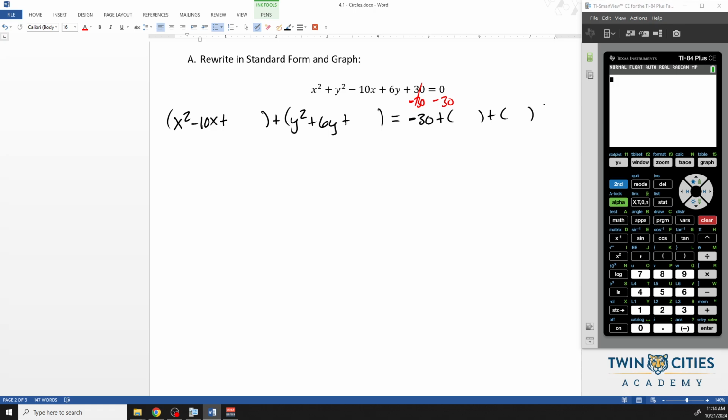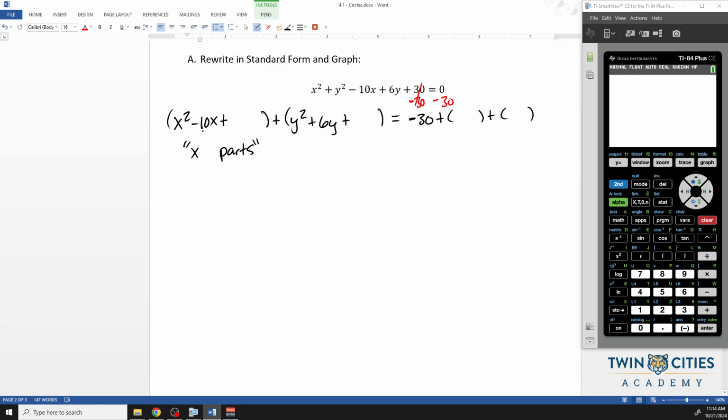What I'm going to do is complete the square for the x parts, and when I add b over 2 squared, I'm going to do that here as well as over here, which is why I left a blank spot on the left side and the right side of the equation for the x's. So let's do the x parts first. I'm going to end up adding b over 2 squared.